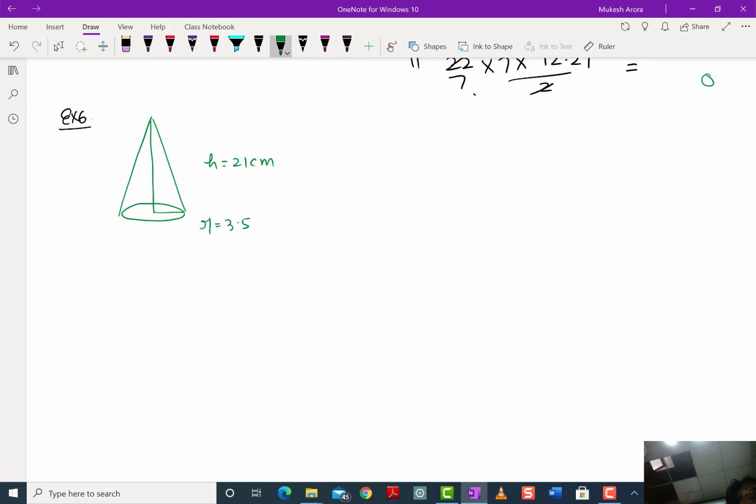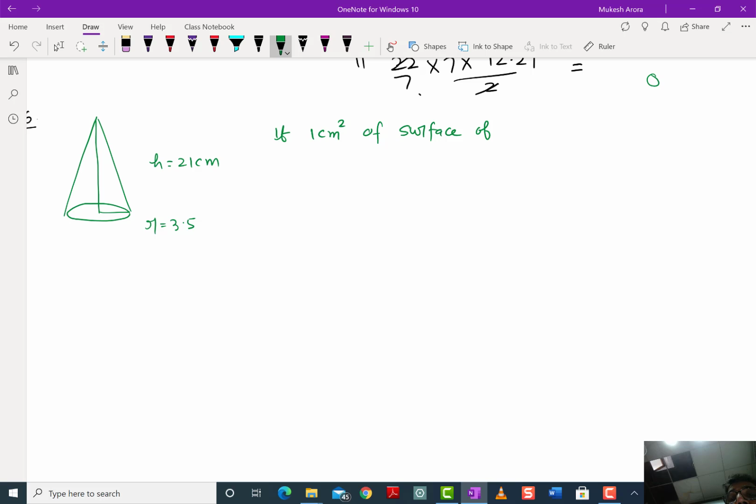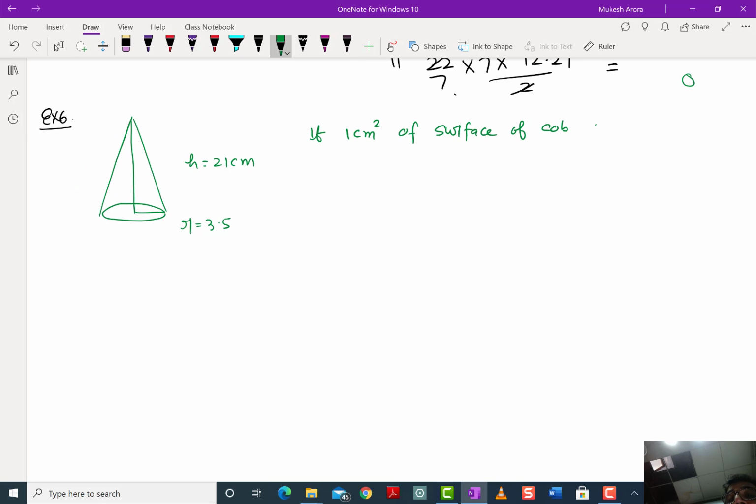If 1 centimeter square of surface of the cone cob carries 5 grains, find how many grains the cob contains. So first of all, for that we need the curved surface area.